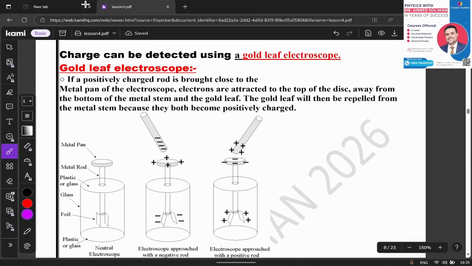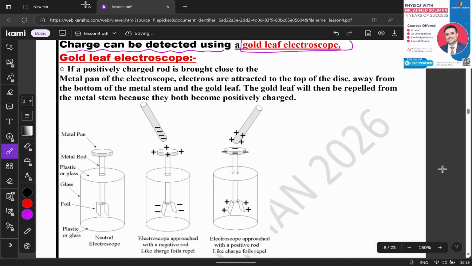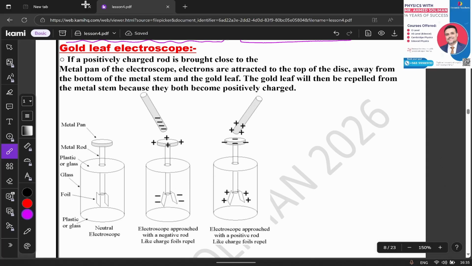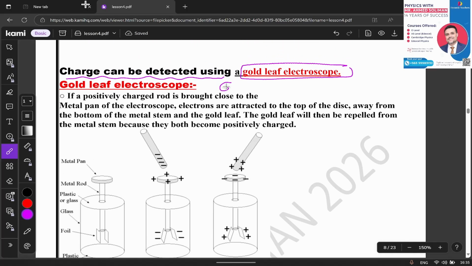So Bara, as we said, if we want to detect the charge of an object, we can use what? A gold leaf electroscope. We call this device a gold leaf electroscope. Sometimes they will write it like this, GL electroscope, in the question.